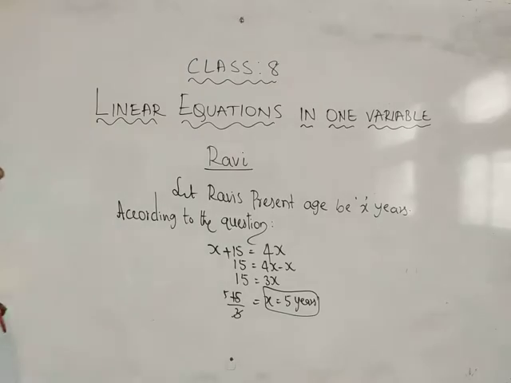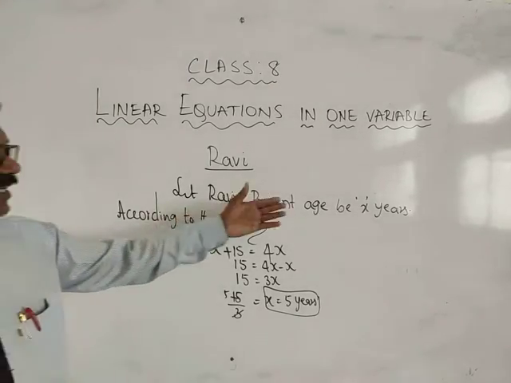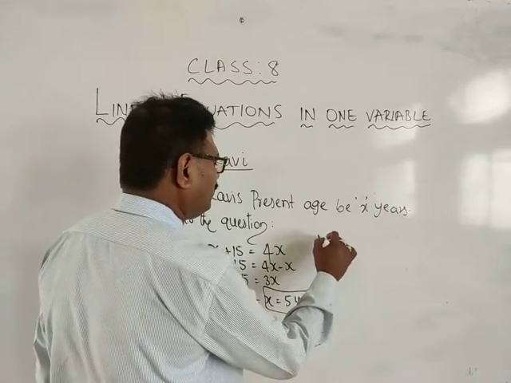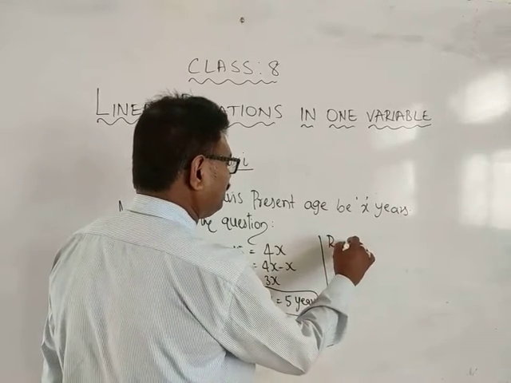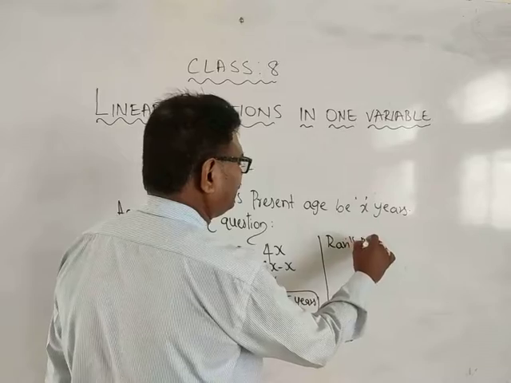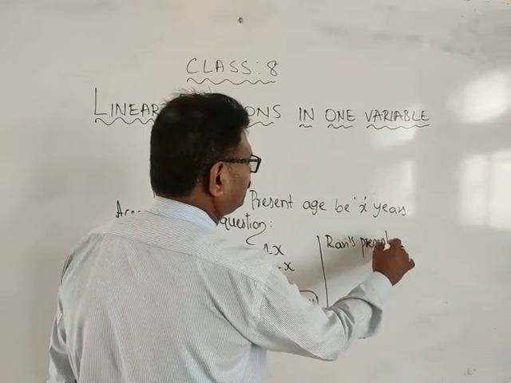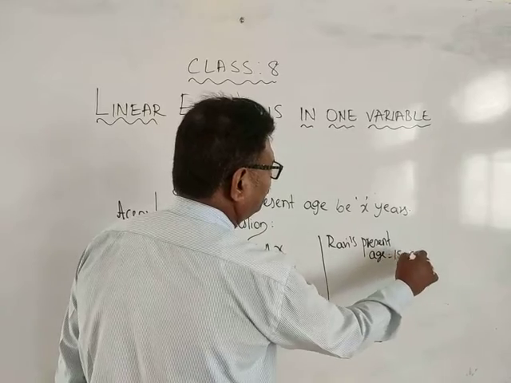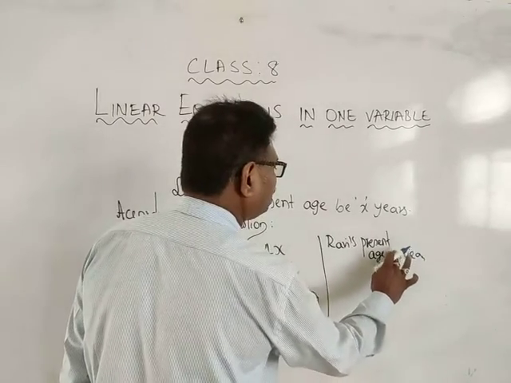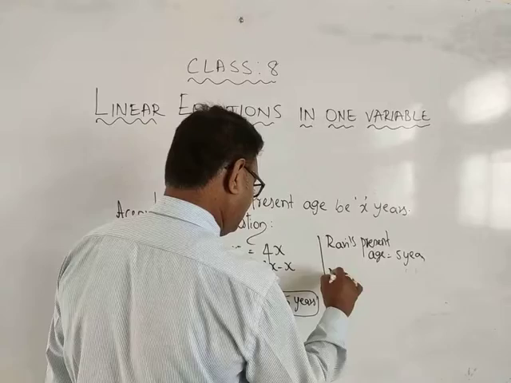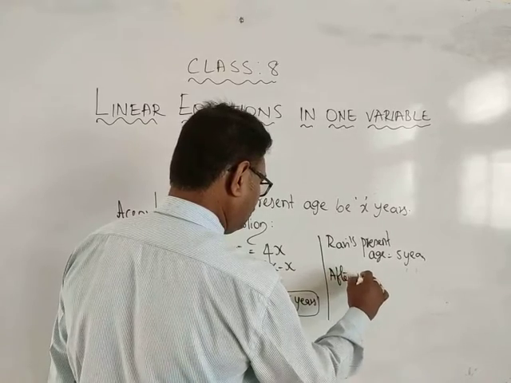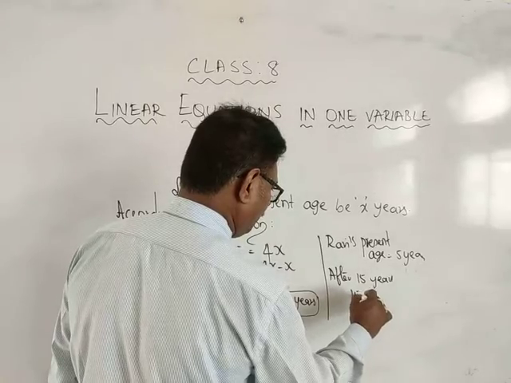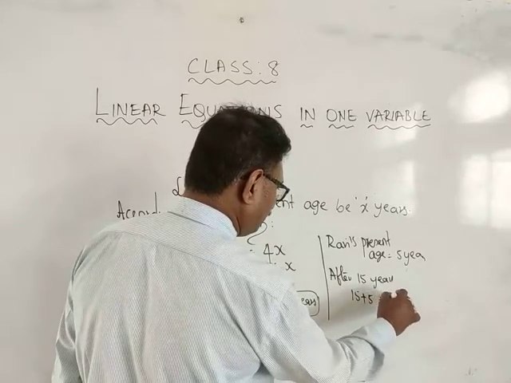What is x? Ravi's present age. After 15 years, his age will become 15 plus 5, which is 20.